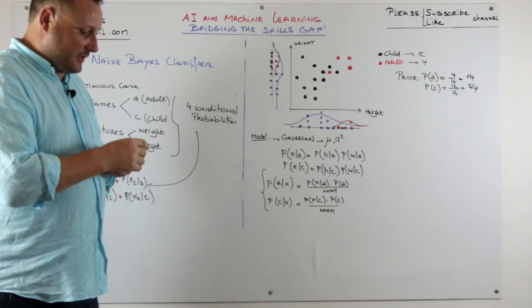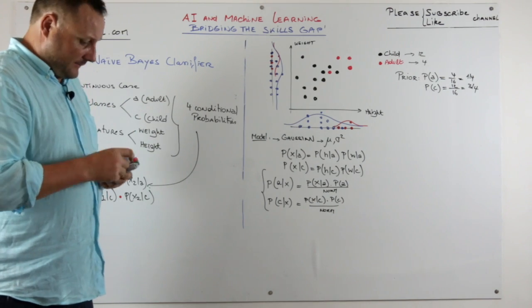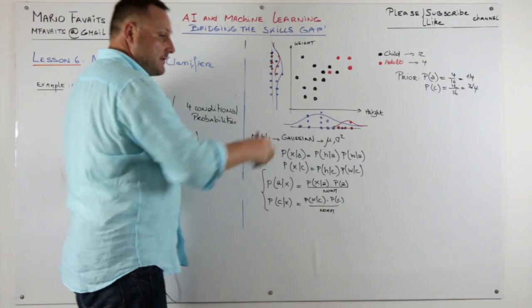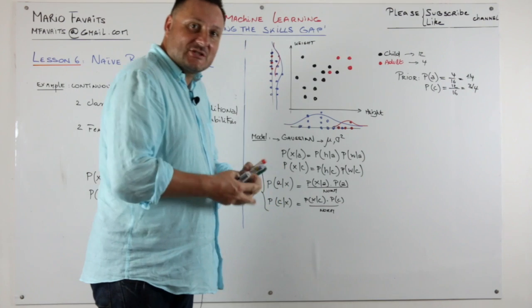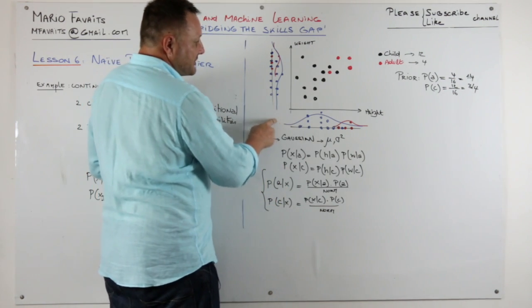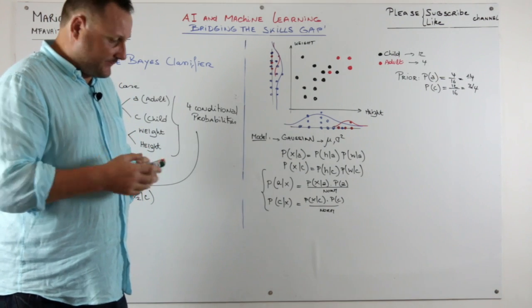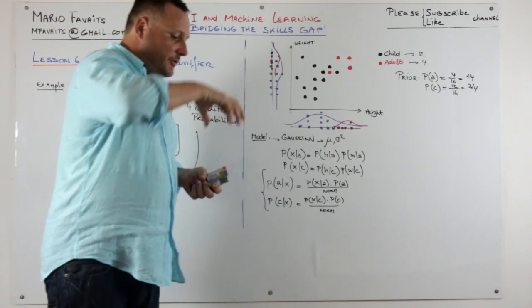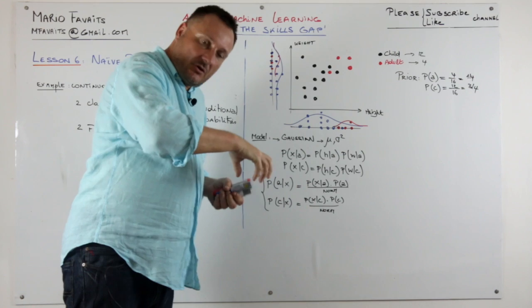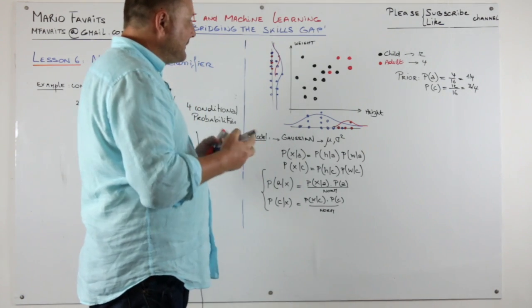But how are we now gonna be able to visualize? Well, these Gaussians here, if you look at them together, these are actually 3D Gaussians. So you have one 3D Gaussian for the children and one 3D Gaussian for adults. So you're gonna look on top of these Gaussians, then you're gonna get some spheres, ellipses.